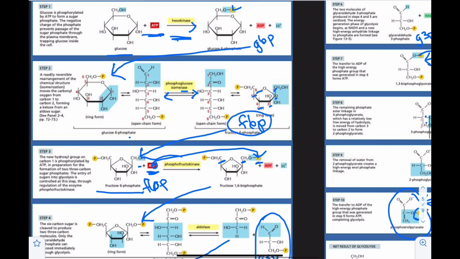And also in step 3, there is also ATP, it's also going in the forward direction. Okay, because the ATP helps drive it forward, and that is energetically favorable. So if you couple a reaction with ATP, it will make it go in the forward direction.